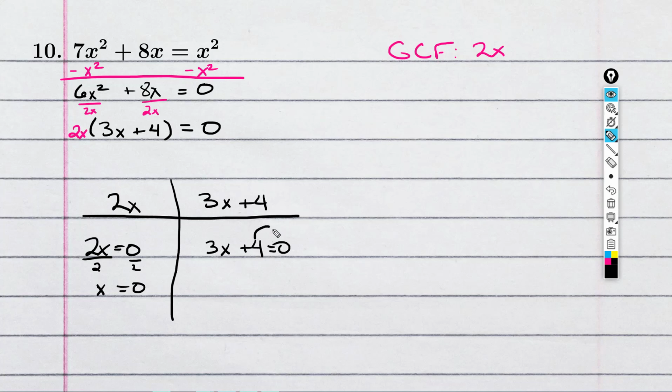We need to move the 4 to the other side by adding and subtracting, so we're going to subtract to move it. So 3x is equal to negative 4. Now we got to split the 3 away from the x by dividing. And so x is equal to a negative 4/3. So if we list our solution set in order from least to greatest, the negative 4/3 is listed first, and then the 0.